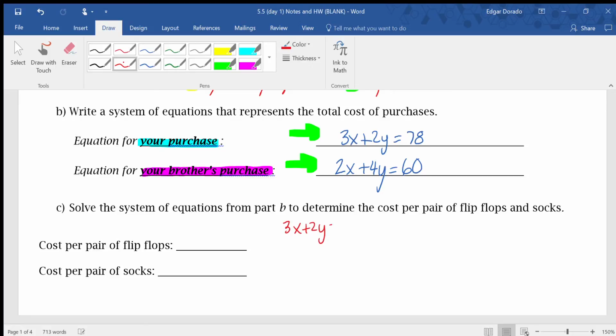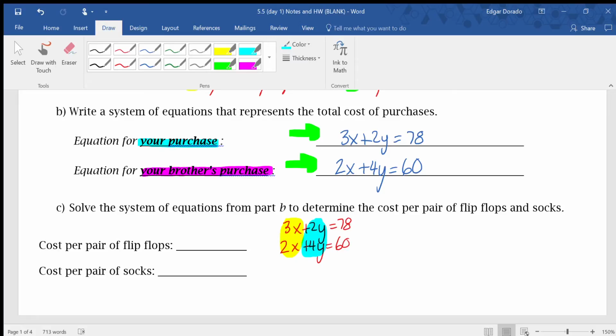And then my second equation. Okay, so I have my two equations there. Now I have to eliminate something. As you remember from before, look at your x's. If I add those, will they cancel each other out? Nope. If I add these two y's, will they cancel each other out? Nope.